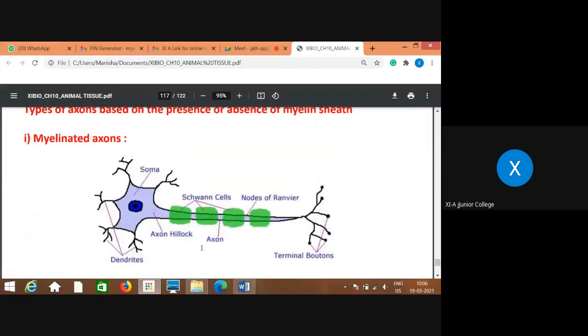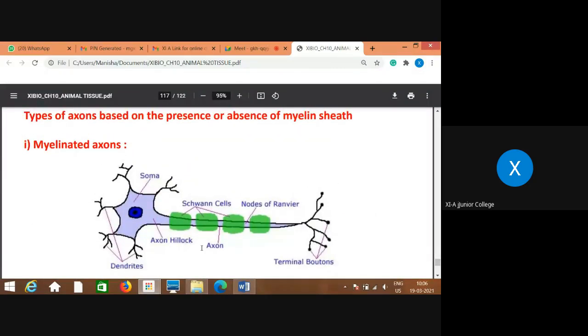Now, myelinated axon. As I told you, depending on the presence or absence of the myelin sheath, they are also called myelinated or medullated, and non-myelinated or non-medullated, one and the same. See, this is shown very clearly in this diagram. This is the axon, and where this axon originates, this bulging part is called the axon hillock.